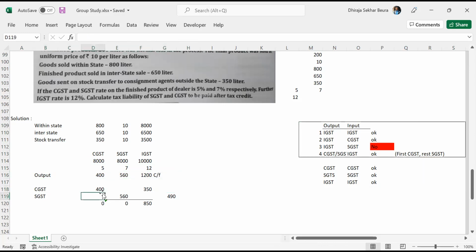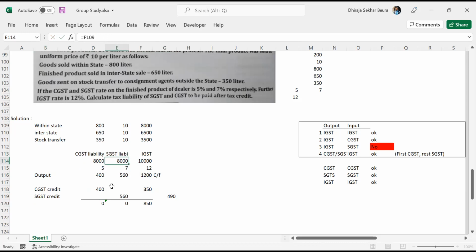I think here only is where the confusion arises for many people. So this is the CGST credit, okay? Please don't get confused. This is the SGST credit. So these are what? CGST liability. Similarly, SGST liability. We need to pay to the government, right? The liability means the dealer is liable to pay to the government.